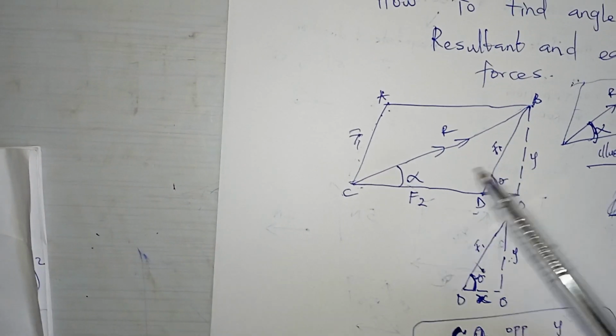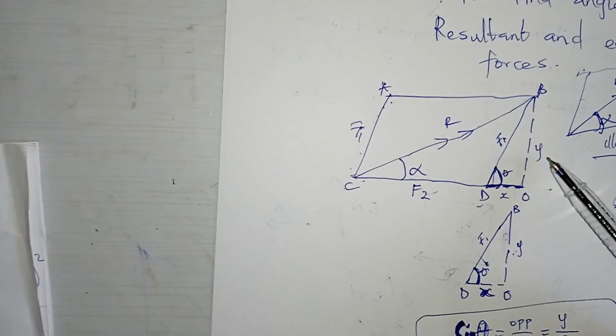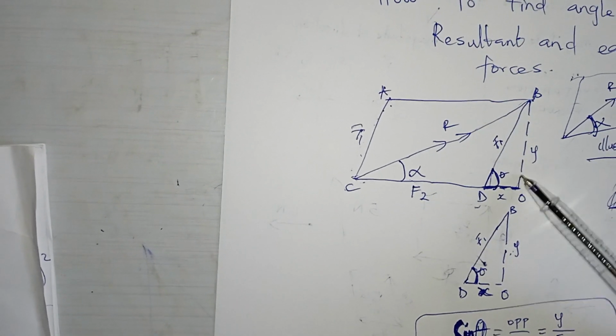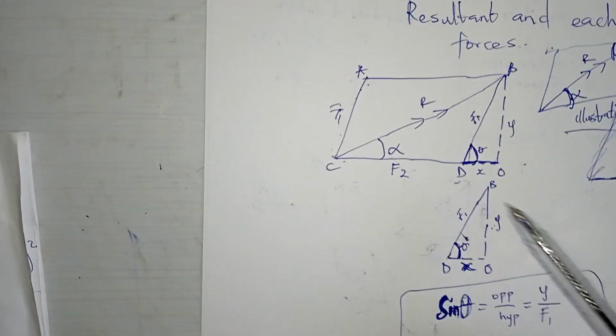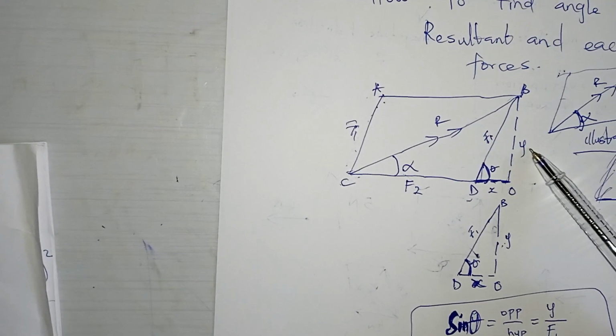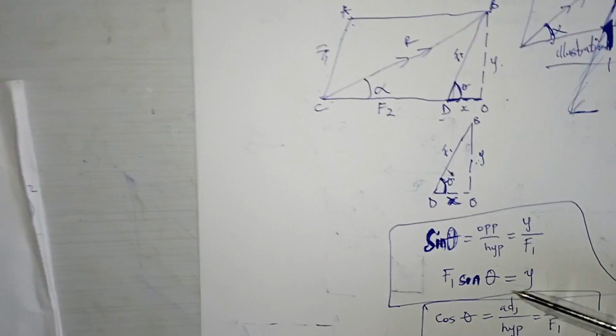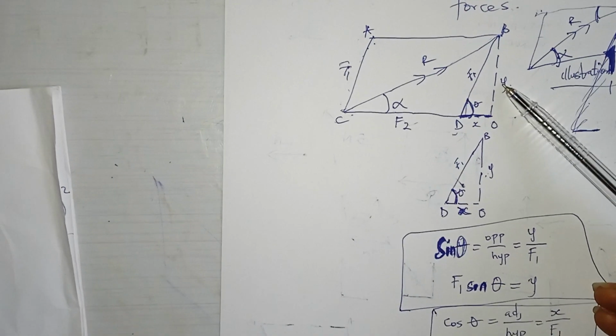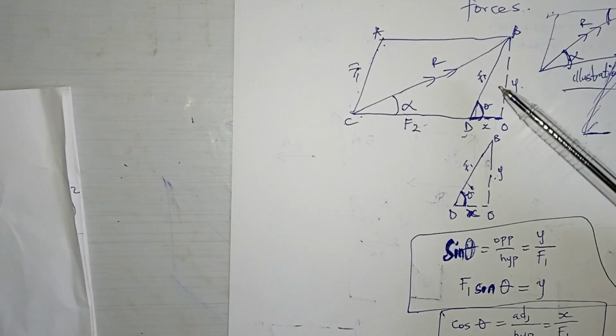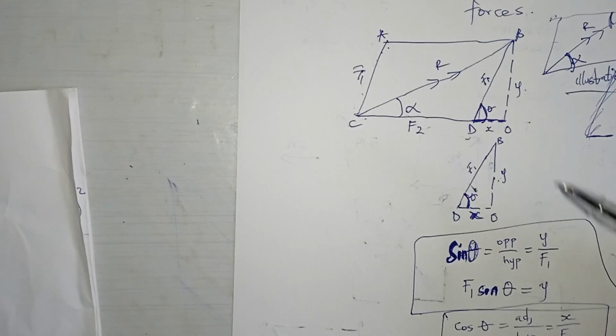So if I know that, now to find y, which is always the part vertical, and x the part horizontal. To find y is the same thing as saying this angle is facing y, opposite. So sine theta equals this. So y will be opposite over hypotenuse F1.